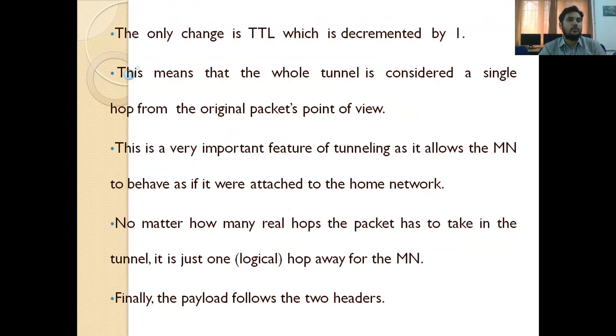This means that the whole tunnel is considered a single hop from the original packet's point of view. This is a very important feature of tunneling, as it allows the mobile node to behave as if it were attached to the home network.